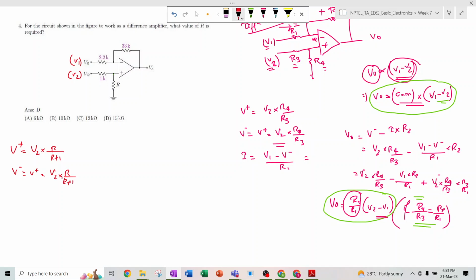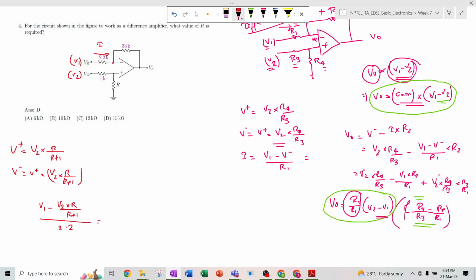Now this voltage is V1 minus V2 into R divided by R plus 1, divided by 2.2, so this much current will be flowing through this. This is the potential V minus, and this is V1.